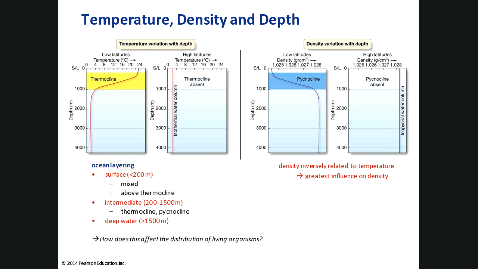Now, the one on the right is showing you the pycnocline. I think, isn't that spelled wrong? I thought it was a pinocline. Let me double check that for a second. I got that wrong. Those words are sometimes... no, that's right.